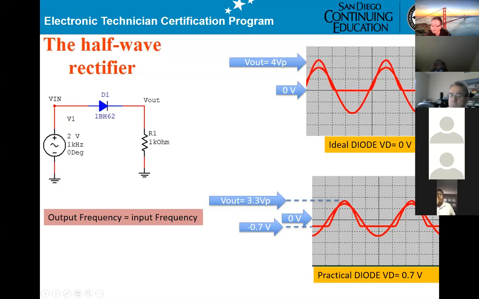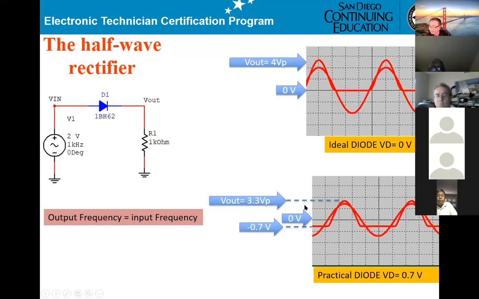On that one here, a little more detail. I set the diode on. You can get minus 0.7 right here. And the volt peak to peak will be less than on the ideal.